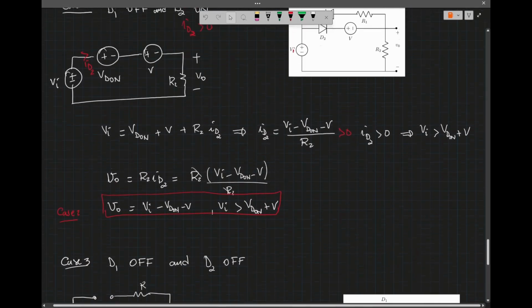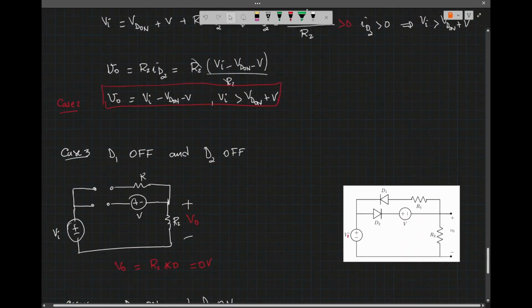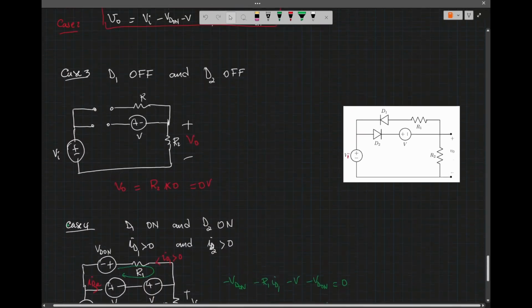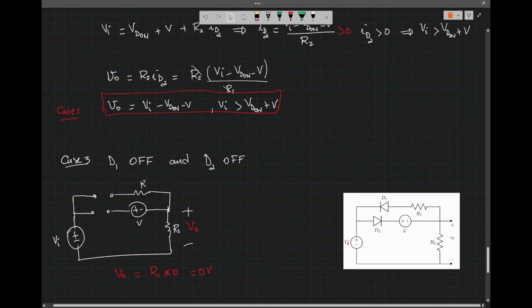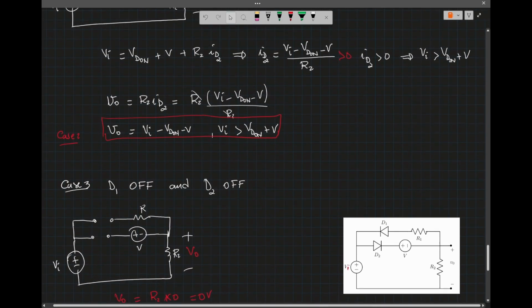So that's condition number 1. Now condition number 2.